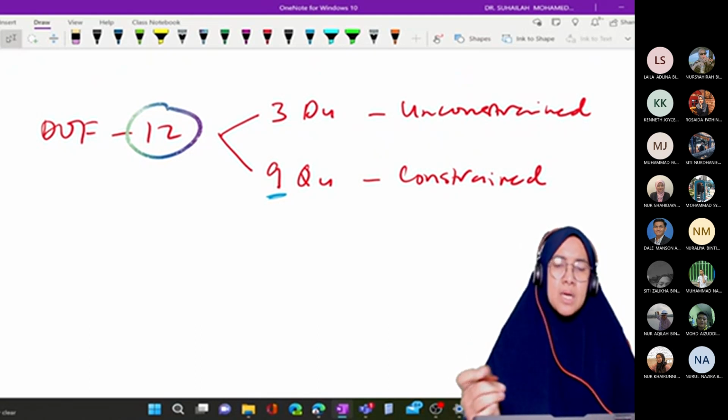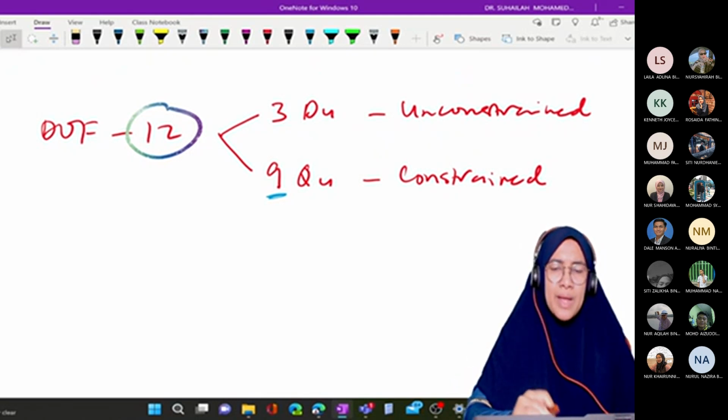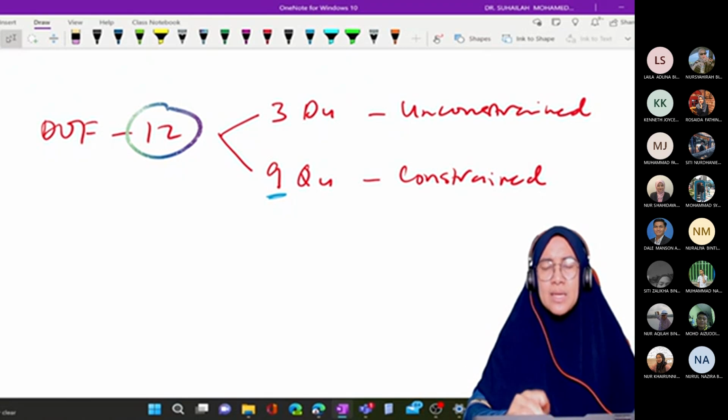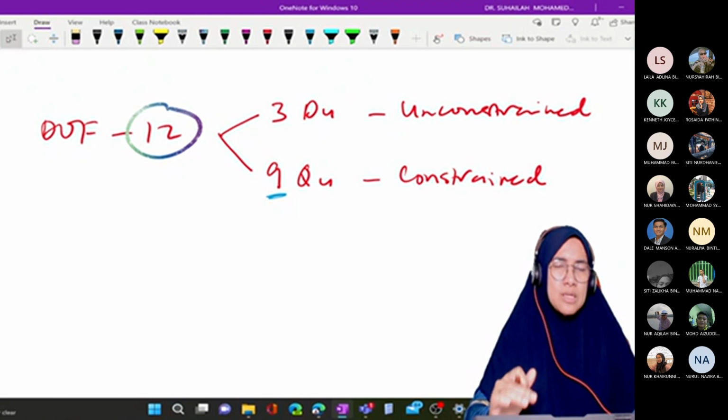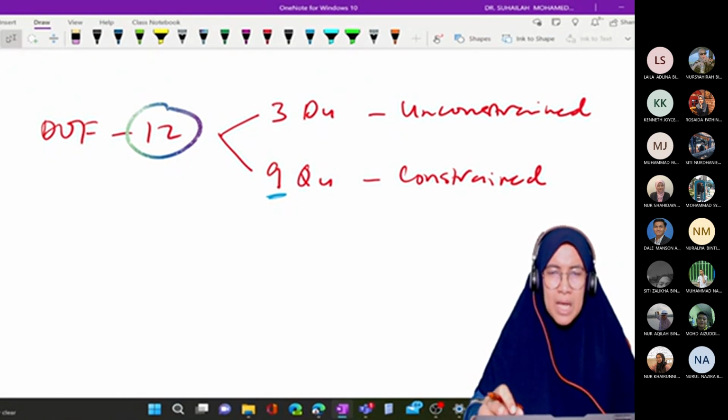Unknown reactions are located in the constrained system, and unknown displacements are located in the unconstrained system.